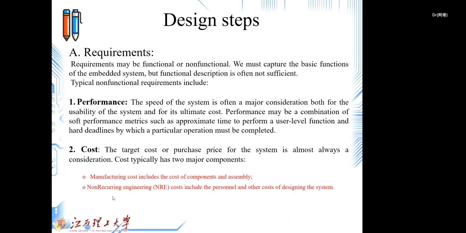Another thing is what they call NRE, or non-recurring engineering cost, which includes the personnel and other costs of designing, making the prototype, and doing the R&D. I mean, from the first day that you start to work on designing the embedded system till the time it becomes a product. Let me ask you one question.